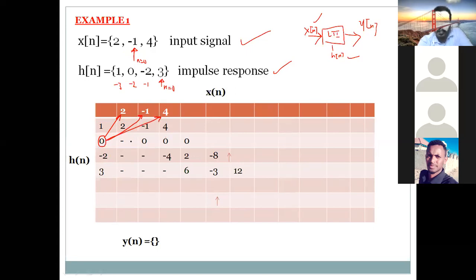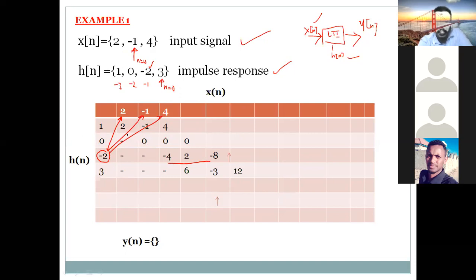But when you write your answer, you have to shift by 1. Shift by 1, then multiply: 0 times 2 is 0, 0 times -1 is 0, 0 times 4 is 0 again. Next, what's the next sample? -2 here in the impulse response. Again, it's multiplied by each sample of the input.